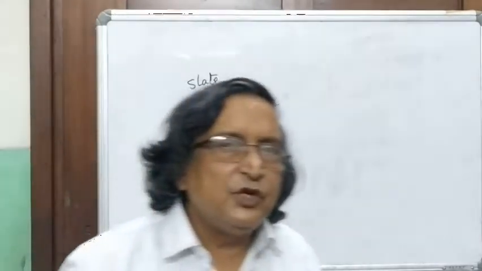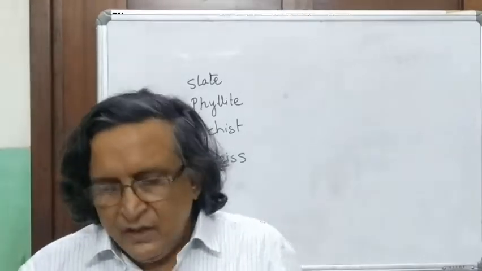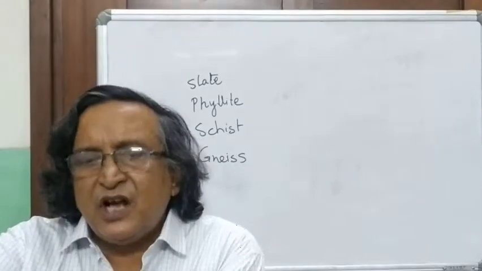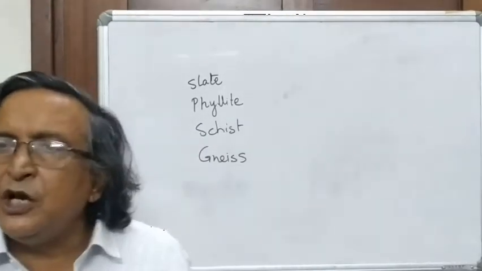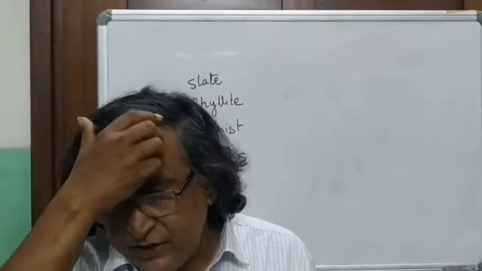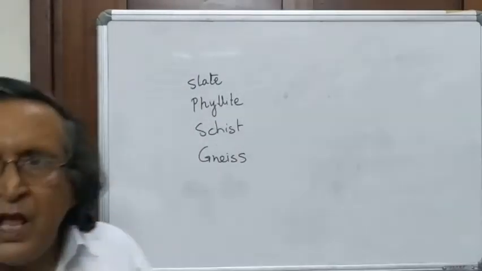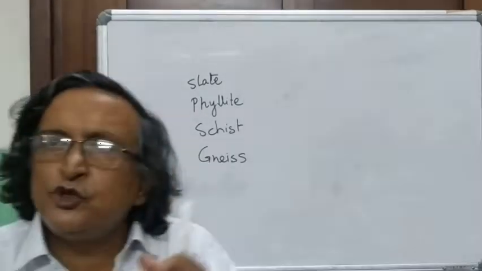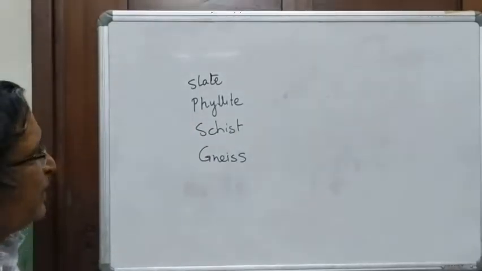But the laminations are non-separate. So it's a dark colored rock which is brittle in nature and characterized by fine laminations of minerals, but the laminations are non-separate. That's a slate. These laminations that you see in a slate are formed by the parallel arrangement of anisotropic minerals. I will tell you a little more about it.